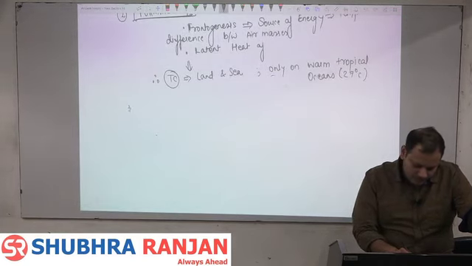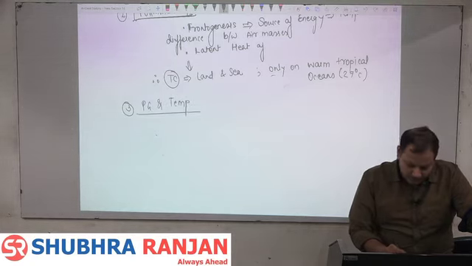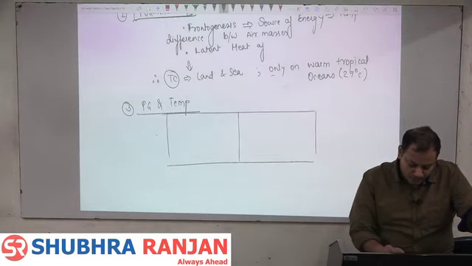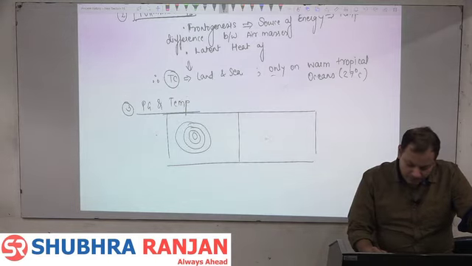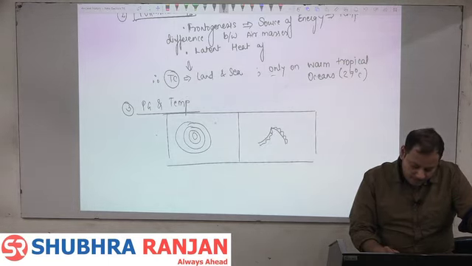Third, pressure gradient and temperature gradient. Here two diagrams will come in one small box. One showing closed isobars and one showing straight isobars, and then air.